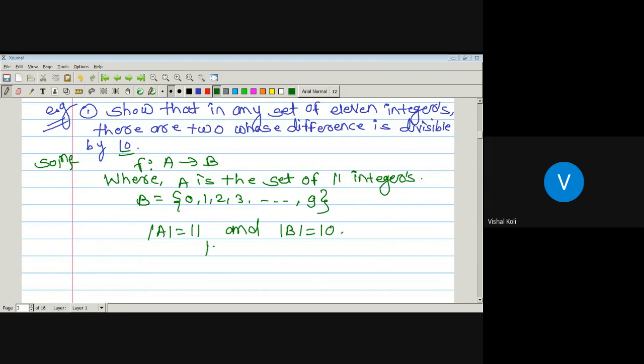So obviously cardinality of A is greater than the cardinality of B, and we have to use the pigeonhole principle second form.